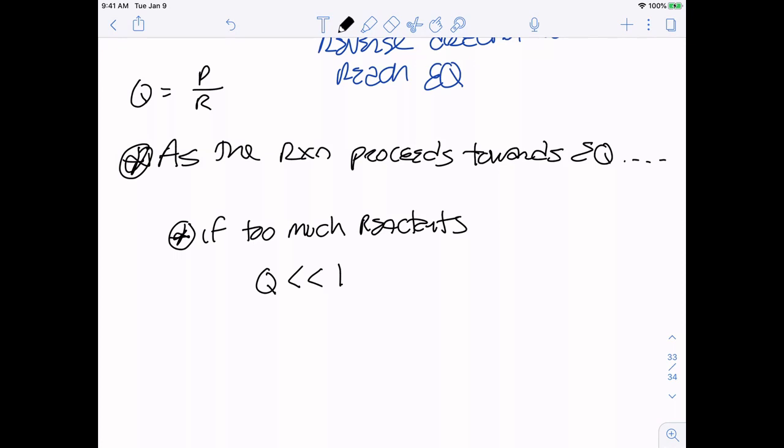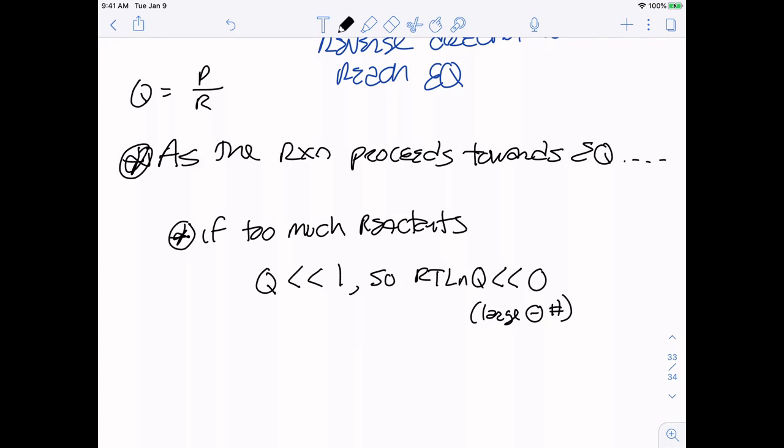So what that means, RT times the natural log of Q, I'm just taking this from our equation, is going to be also less than 0, right? The natural log of 1 is 0. So this is actually going to be less than 0 because Q is less than 1. That makes sense, right? This is going to be a large negative number mathematically.